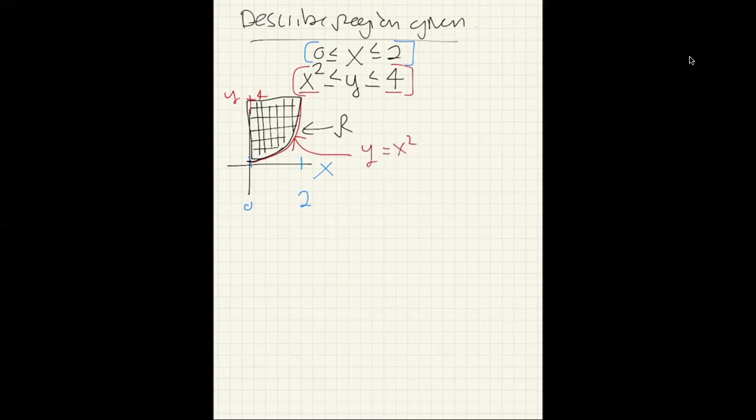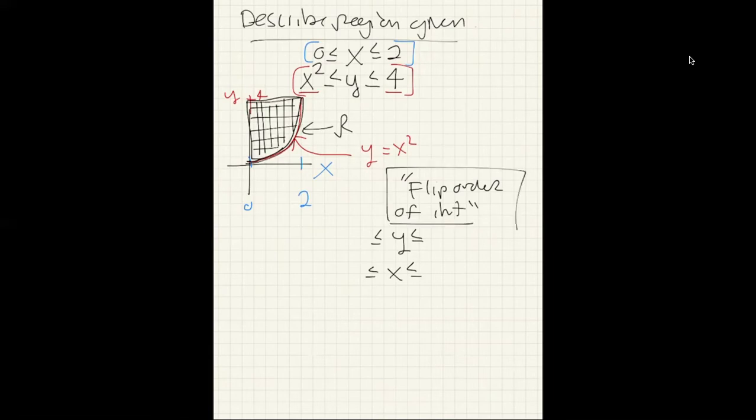But now the hint for the problem says we should flip the order of integration. Flipping the order really means getting these bounds in a different direction. So let's do y first, and then x. As always, we're going to be describing this region right here.